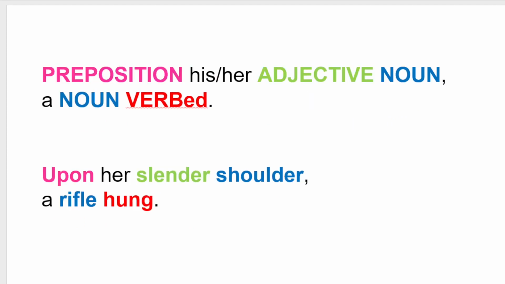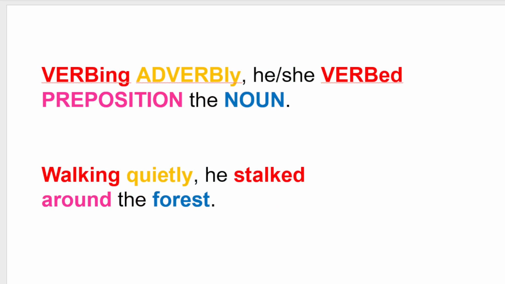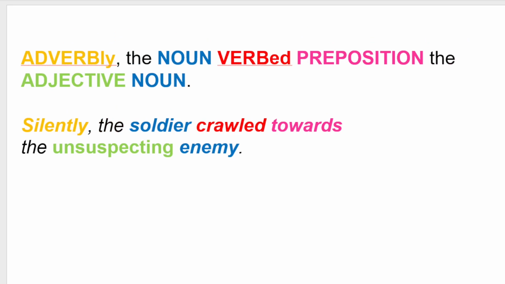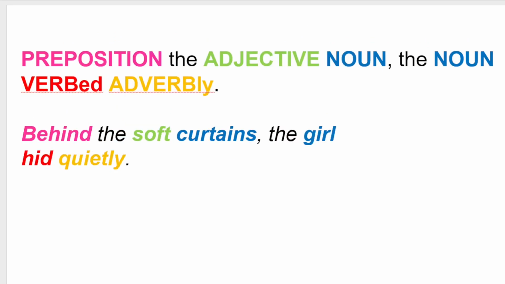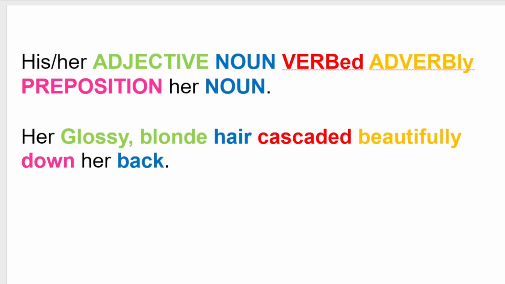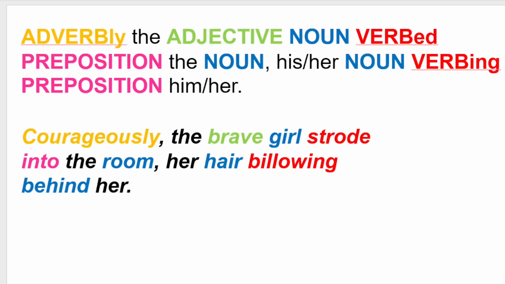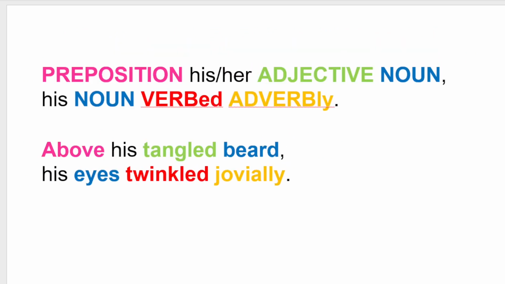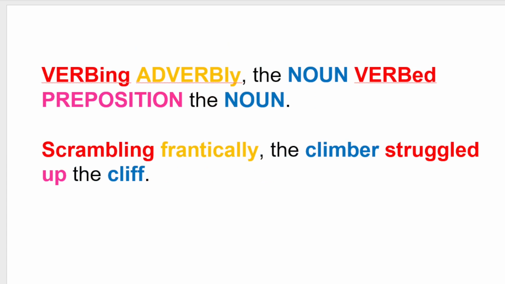So you've got above, the actual structure just written in its raw form, and then underneath you've got an example sentence that you can copy the style of. Some of them are based around scene setting, some of them are based around characterization, but all of them are different ways of using these basic elements, the basic building blocks, nouns, adjectives, verbs, adverbs, and prepositions, in order to improve your writing. So there you go.